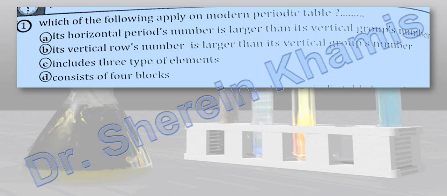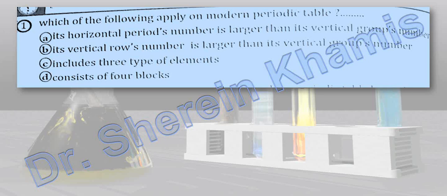Question number 1 says: which of the following applies to the modern periodic table? We want to know which statement applies. A: its horizontal period number is larger than its vertical group number.